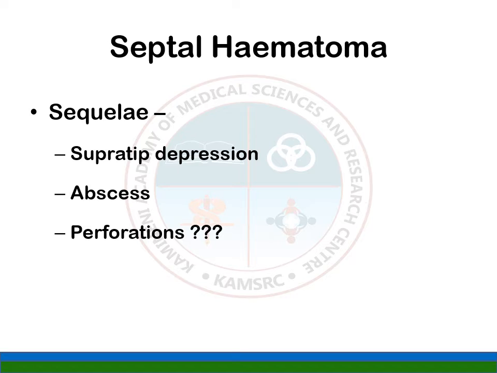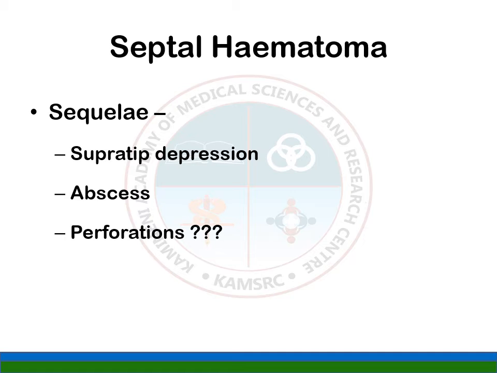Previously there was a paucity of doctors and travel options were very few. That's why they used to have hematomas which would lead to depression or necrosis of the cartilage. At the same time, the mucoperichondrial layer would also be necrosed. That's why there would be a perforation. So now we don't see perforation or supratip depression as often as we see an abscess.